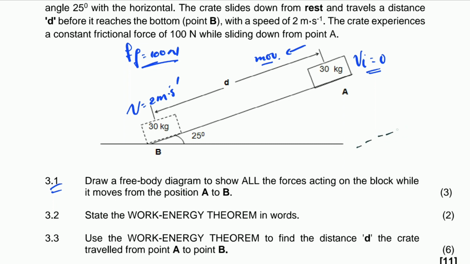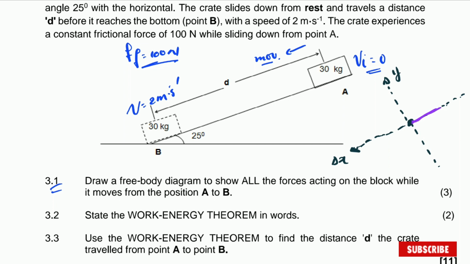Now here, as always, we're going to have the surface. Remember, the x-axis must be parallel to the surface. I'm going to write here displacement because of the use of the work later on. This one is perpendicular to the x-axis, this one is the y-axis. There is the object, and the forces that are acting are the frictional force all the way backward.